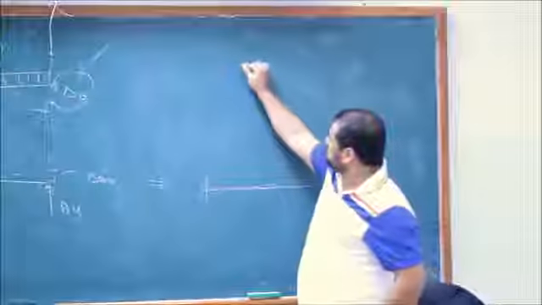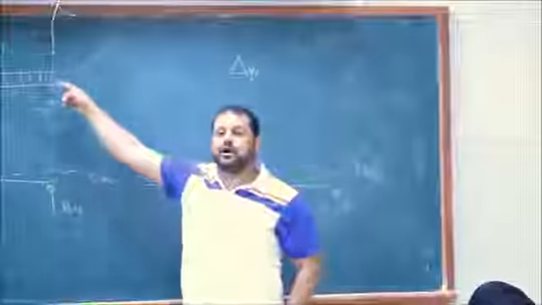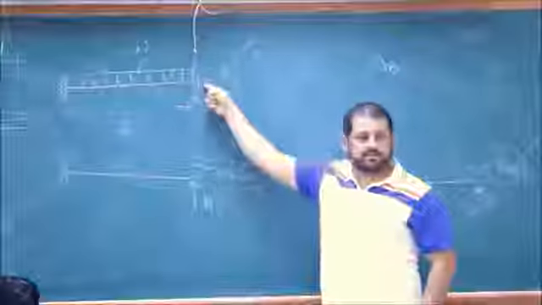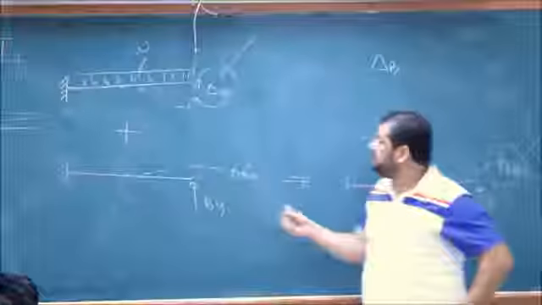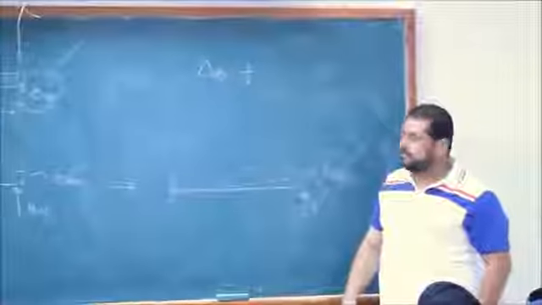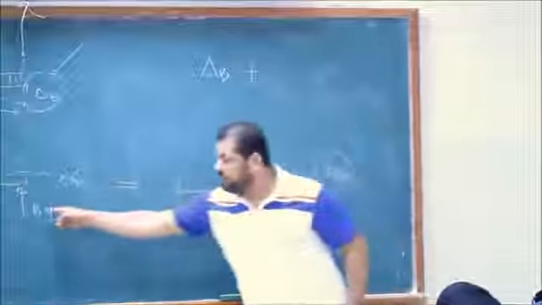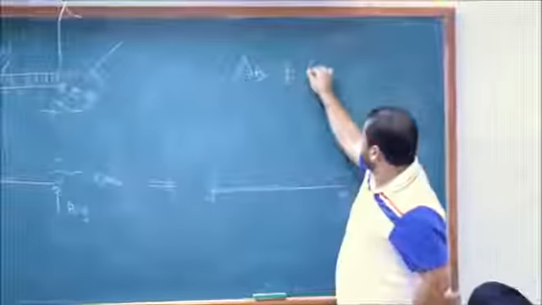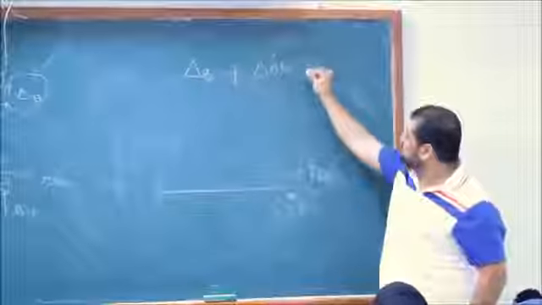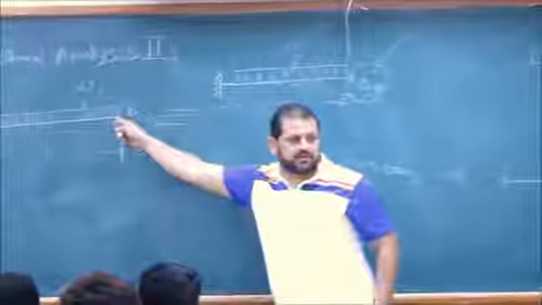Now look. We have delta B, the deflection due to the original loading after removing the redundant. شايفينها؟ From this segment, we have a deflection. Plus the deflection due to By, which is this one, delta BB dash. They are equal to 0. Equal what? Equal the deflection here, which is 0.